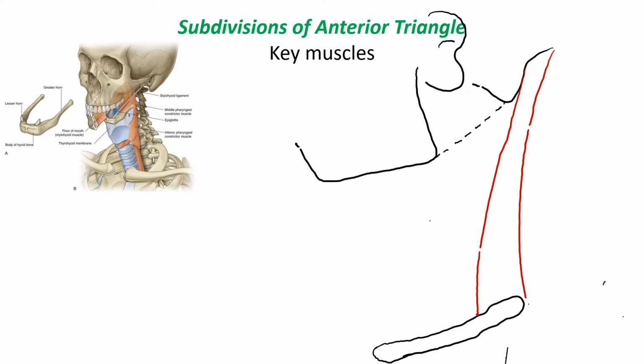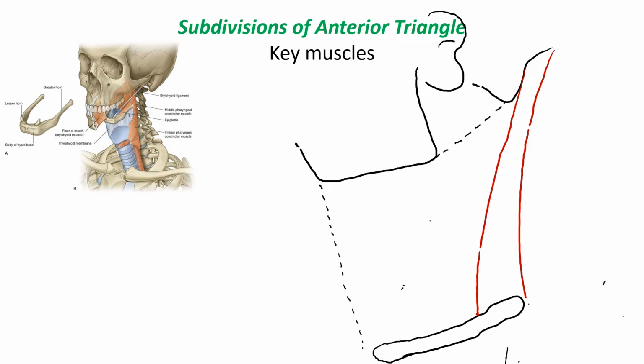Because the neck is bilaterally symmetrical. The anterior limit is by an imaginary line which extends from the chin to the manubrium. Now, bisecting this quadrilateral area which we've just demarcated is the sternocleidomastoid, which you've already seen in your class of posterior triangle.